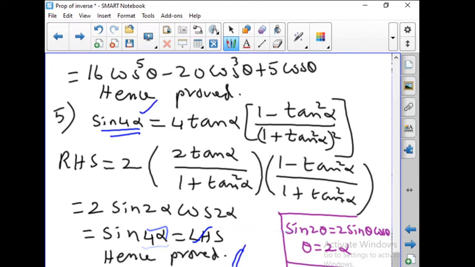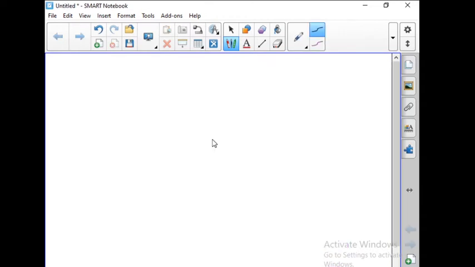So thank you students. Learn the identities carefully and thoroughly. A few examples which are a little difficult and a little different. So first example, 3.25.